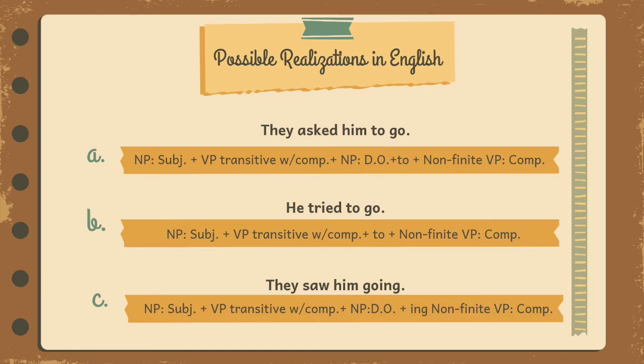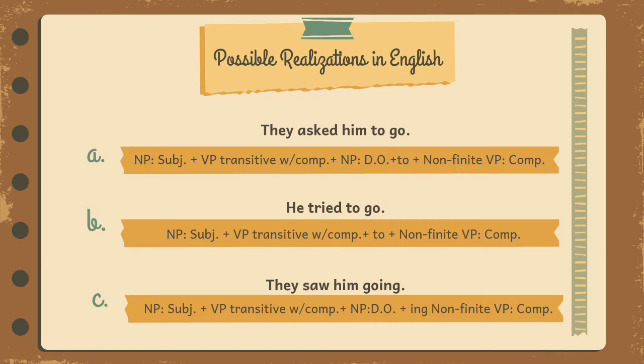B. He tried to go. Here we have the same structure, but we don't have a direct object. Thus, noun phrase as subject, verb phrase transitive with complement, plus to, plus a non-finite verb phrase as a complement. C. They saw him going. Now we drop the to infinitive and replace it with an ing form of the verb phrase as complement.